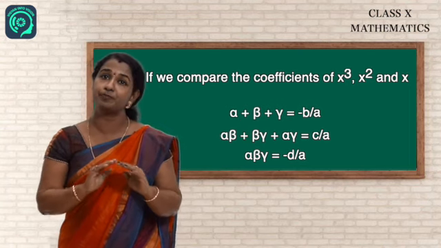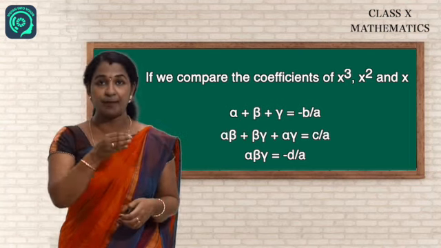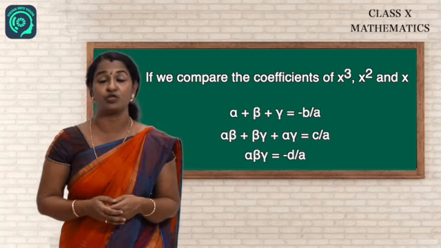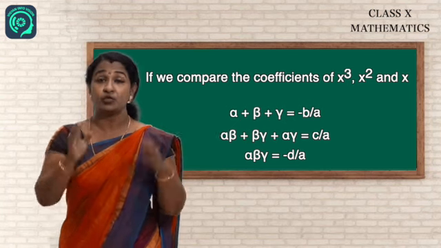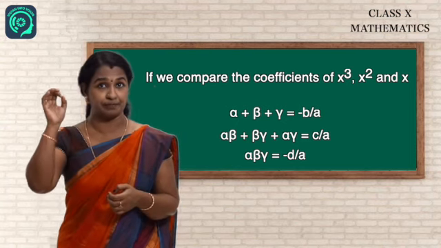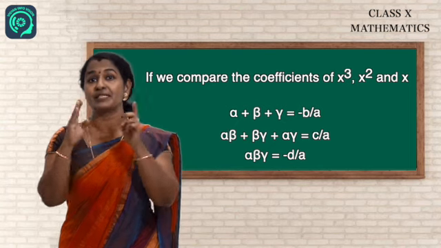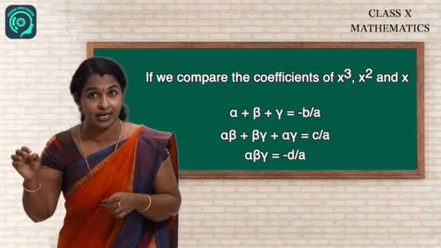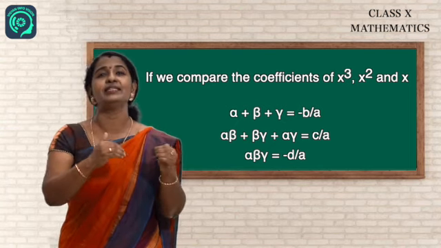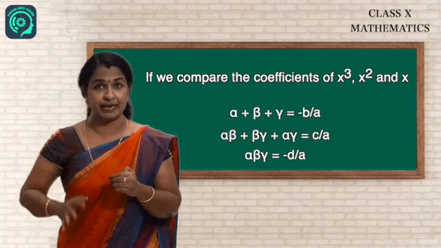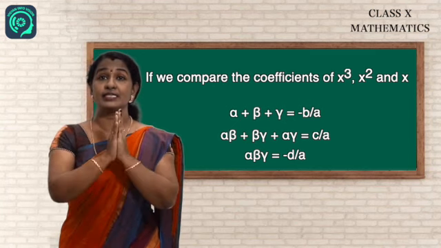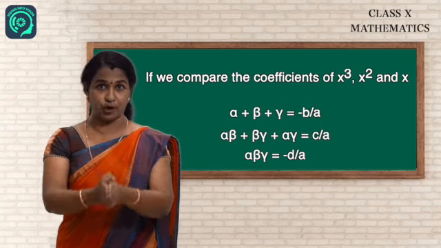And the third one is the product of zeros, alpha beta gamma, which is equal to minus d by a. So alpha plus beta plus gamma is minus b by a, alpha beta plus beta gamma plus alpha gamma is c by a, and the third one, alpha beta gamma, is minus d by a. This is the relationship of zeros and coefficients for a cubic polynomial.